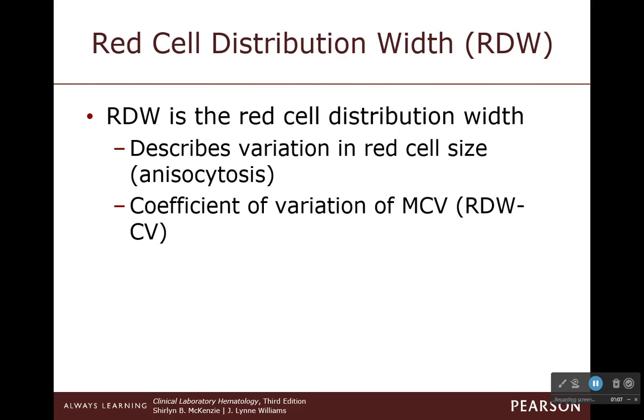There's actually a couple of things you can see nowadays. You can see RDW with a dash CV, which is coefficient of variation. Y'all remember coefficient of variation? What's coefficient of variation? Y'all remember? Is it mean divided by the SD? Or is it the SD divided by the mean?